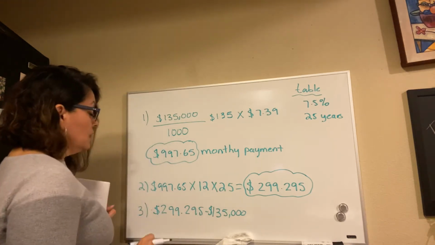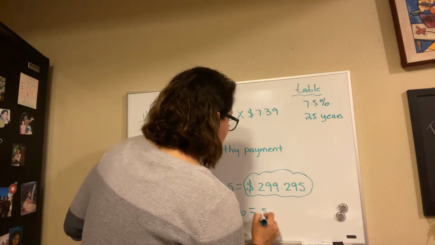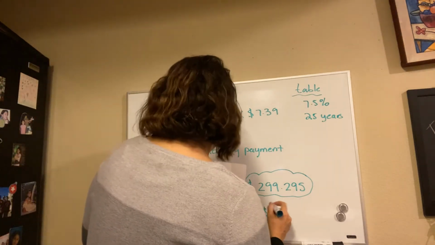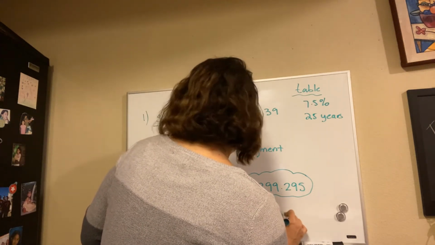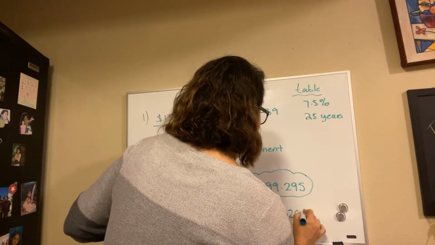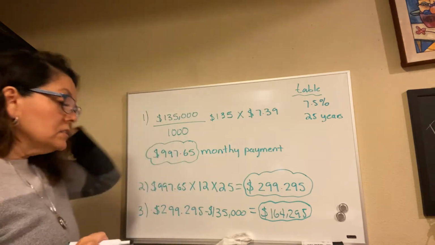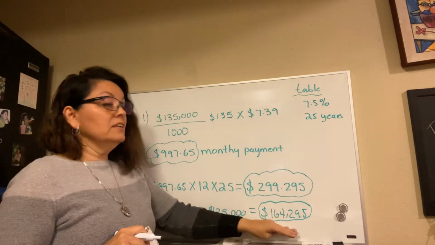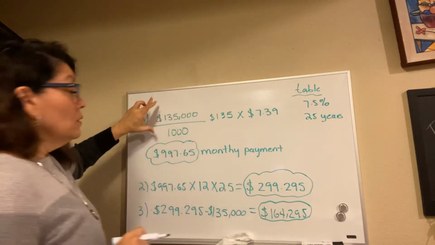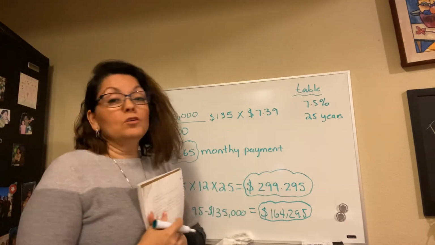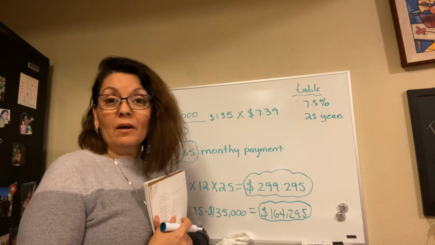So at the end, the interest, because I did it over here, is 164,295. Imagine that. At the end of 25 years, I ended up paying 164,295 of interest, plus what we borrowed. It is like buying another house.